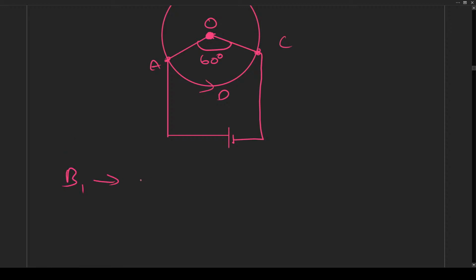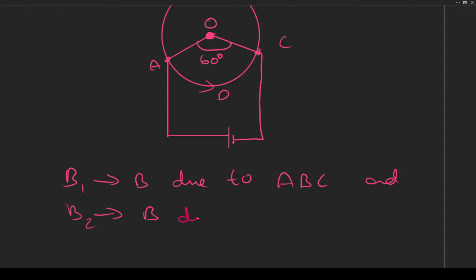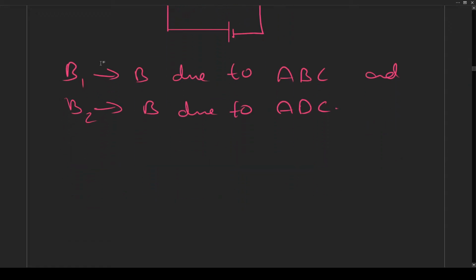B1 is the magnetic field due to ABC, and B2 is the magnetic field due to ADC. Okay, now solution, they're asking to find B1 by B2.